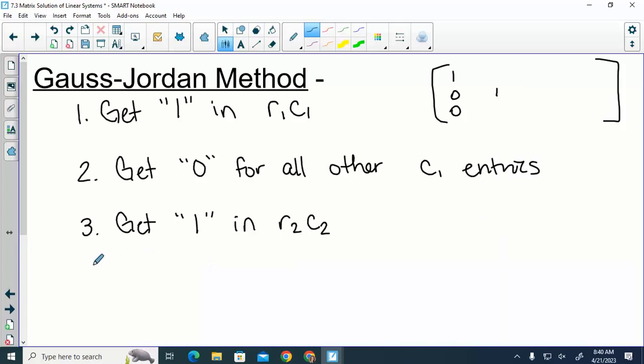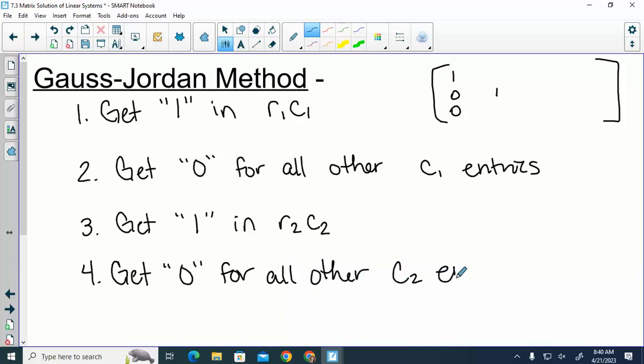What do you think the next step will be? Get those to be zeros. All right, what do you think the next step would be? You just go on.